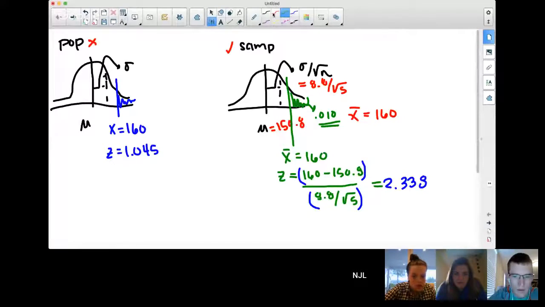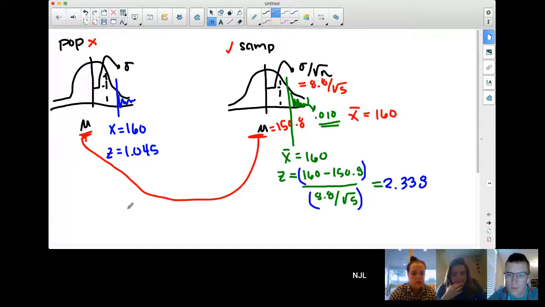So what do you know about the relationship between the mean of the population distribution and the mean of the sampling distribution? Basically what they're saying is, what can you tell me about this value and this value?